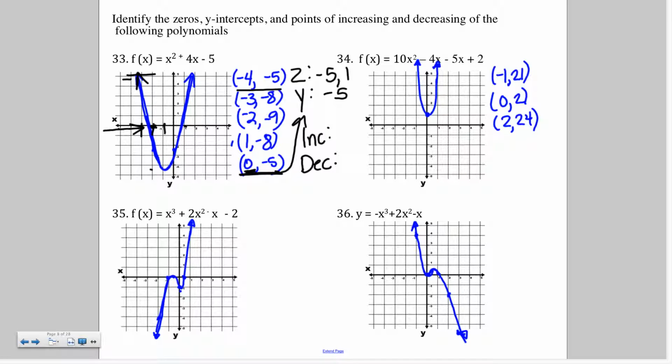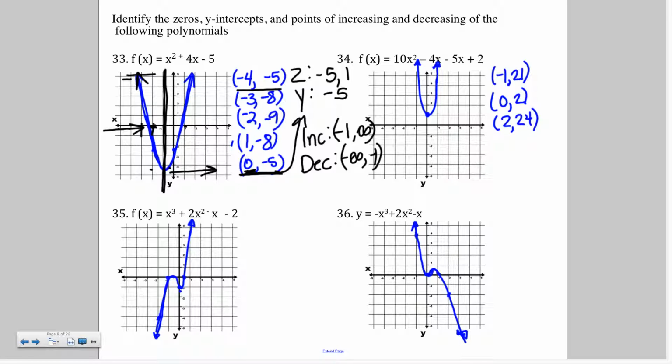So it is decreasing up until this point on my x. So it's going to be negative infinity to -1, and that is my points of decreasing. Now, if I look from here and I go over left to right, I'm just using my x values. So -1 to infinity. And that is my answer for those.